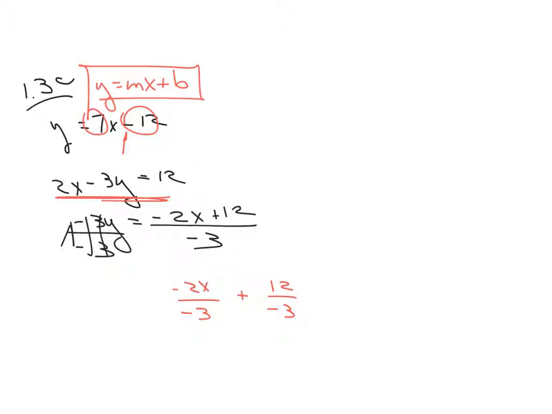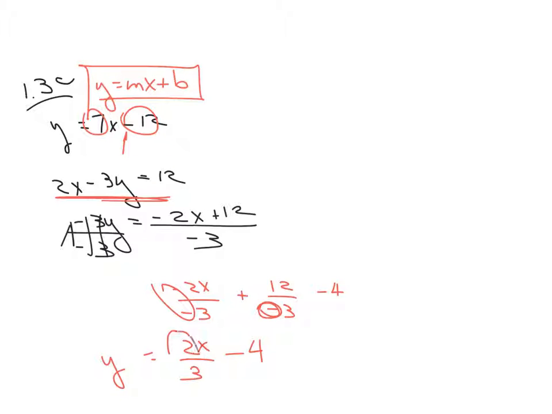So we can split that up, and that helps. Two negatives give me a positive, and a negative here. Well, 12 over 3 is 4, and then that negative makes it a negative, so minus 4. So y equals 2/3 x minus 4.